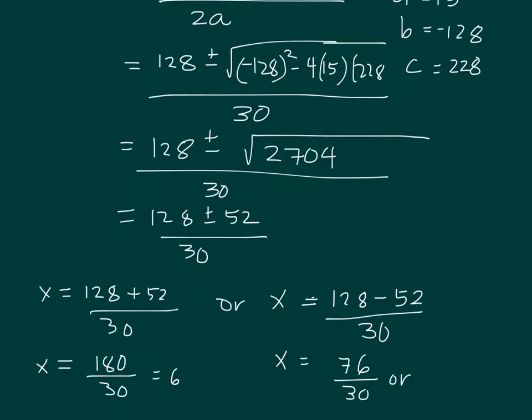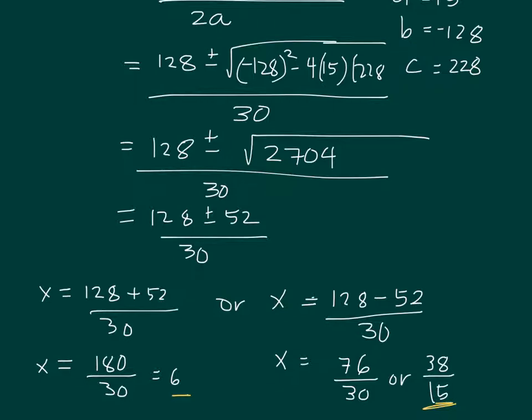Reduce to lowest terms by 2. This is 38 over 15. So there are two values for x. One is 6 and the other is 38 over 15.